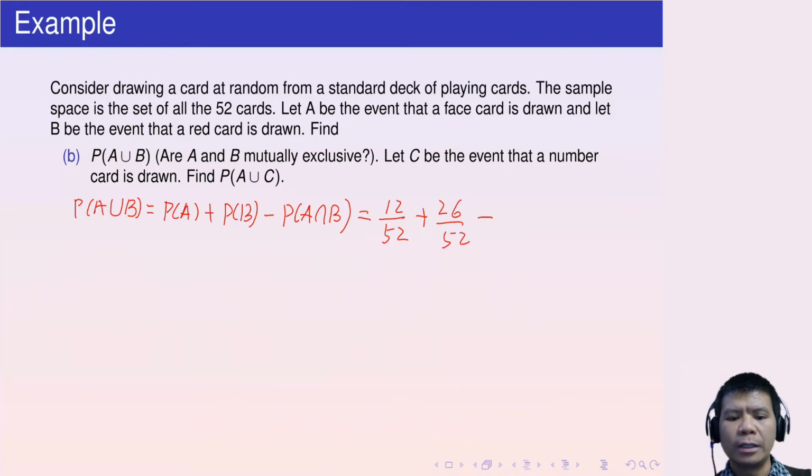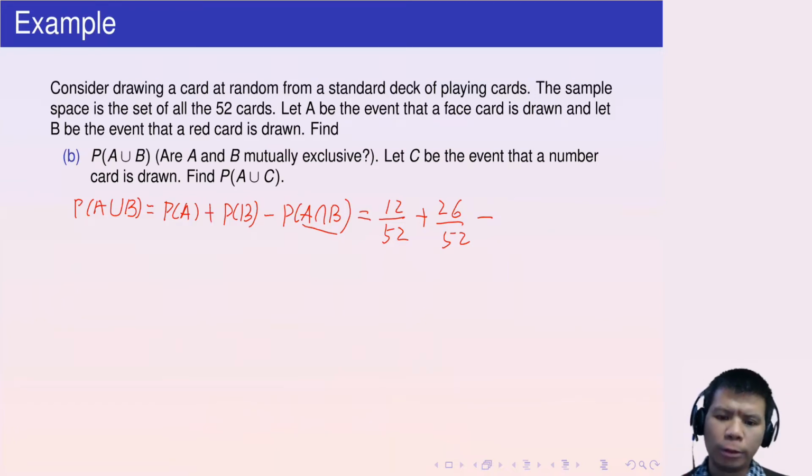But in A and B, the intersection, as we know, it must be what? Face card and also red. So there are 3 face cards in diamond and 3 face cards in heart, right?